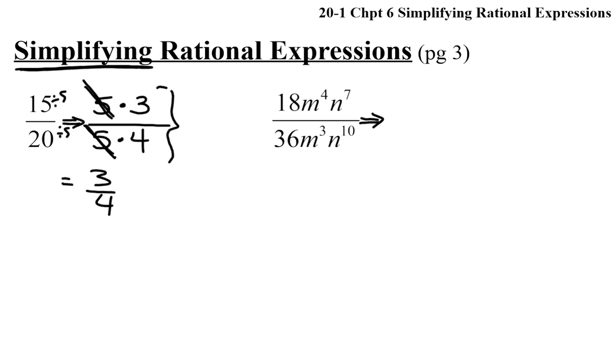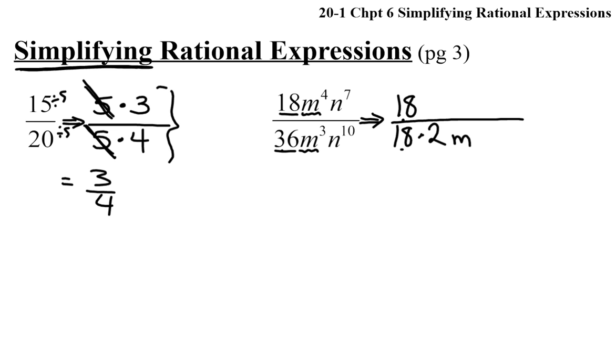Well, 18 and 36. Well, I can see that 18 is really 18. Why do I like the 18? Because 36 is really 18 times 2. So if I take my 18 and leave it as is and take my 36 and instead write it as 18 and 2, when we go to simplify, we now have a common factor. The m^4 and the m^3. Well, I want to factor out as much as possible.